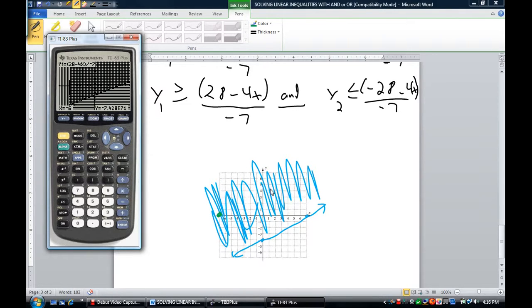So -6, -7.4, which puts it about right here. And once again, it's less than or equal to. So let's include it. And once again, if I need to, I can always go over here and hit enter and then graph. And you'll see that it's shading to the right.